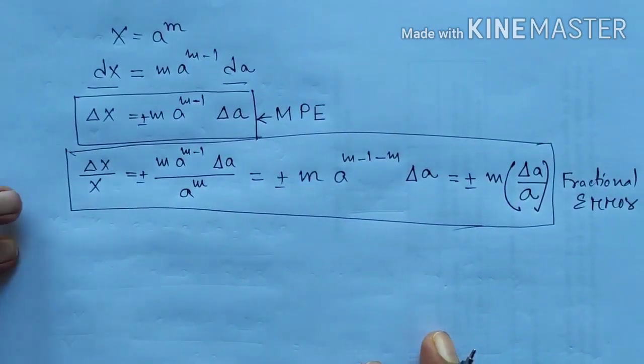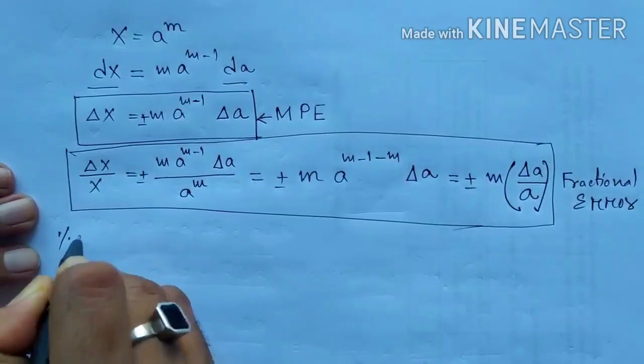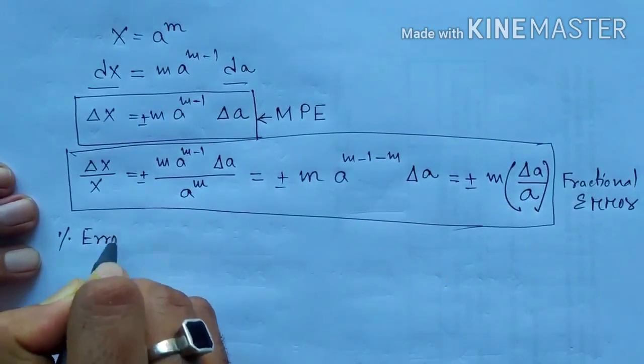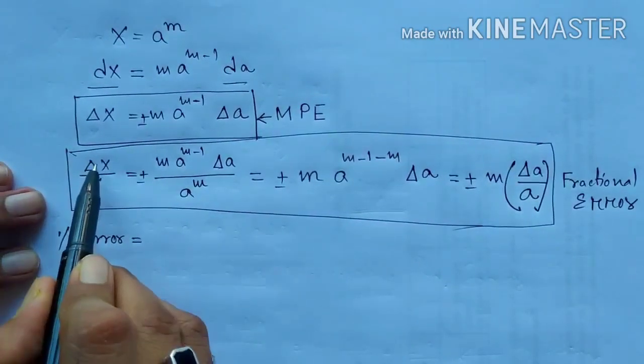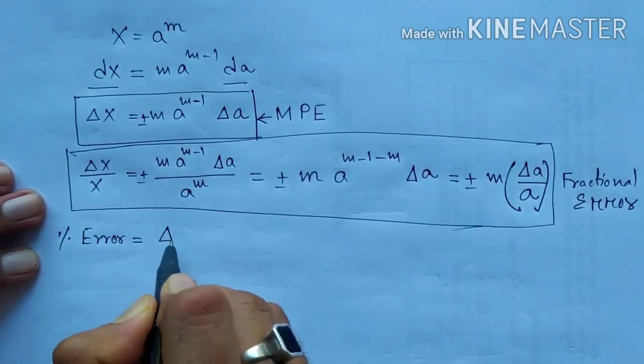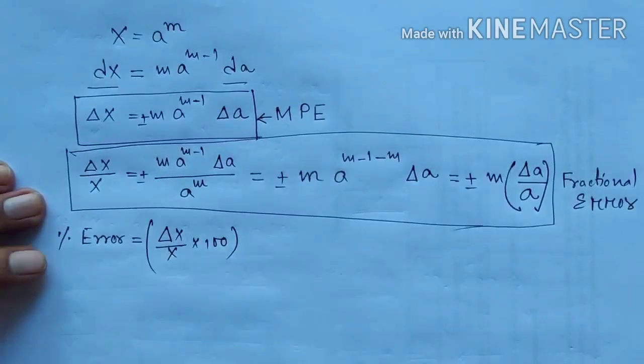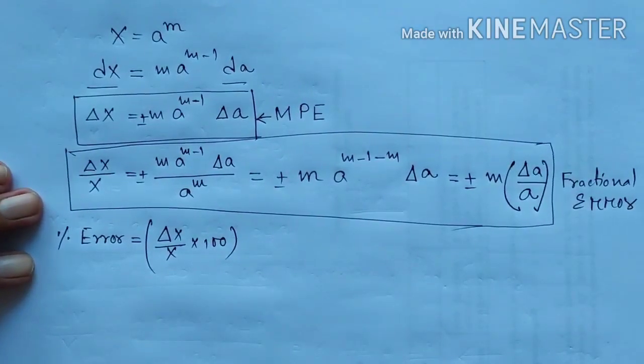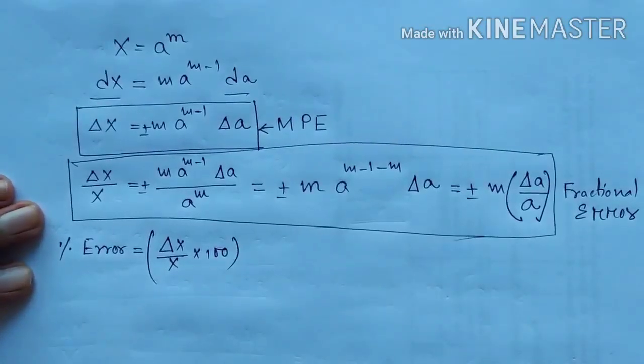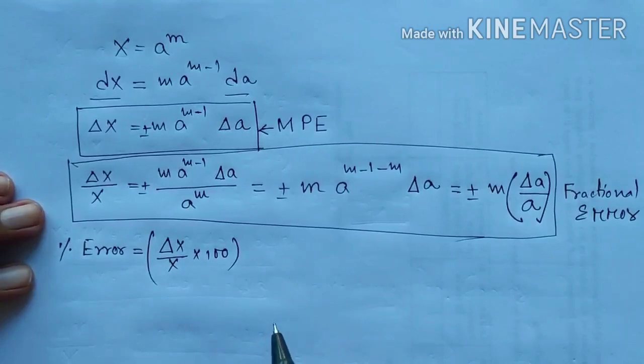Fractional error. Then what will be the expression of percentage error? This will be delta x by x into 100. You will understand all these things when we shall be doing few numericals, which are very much essential for your entrance preparation and also for the preparation of your council exam.